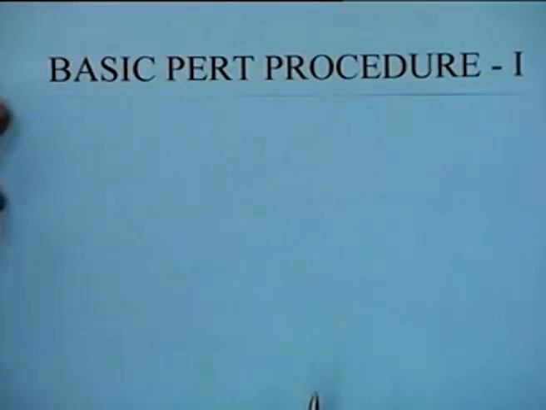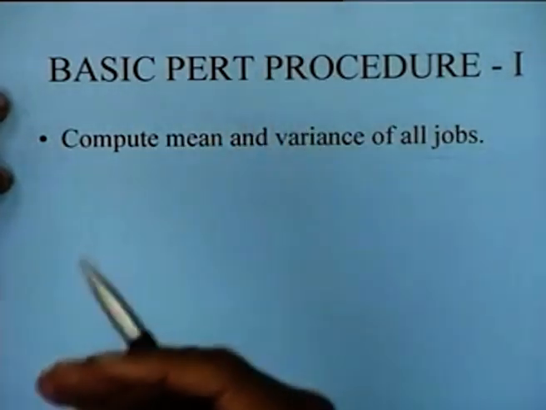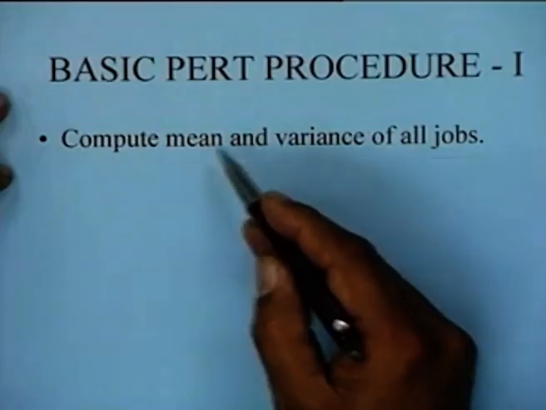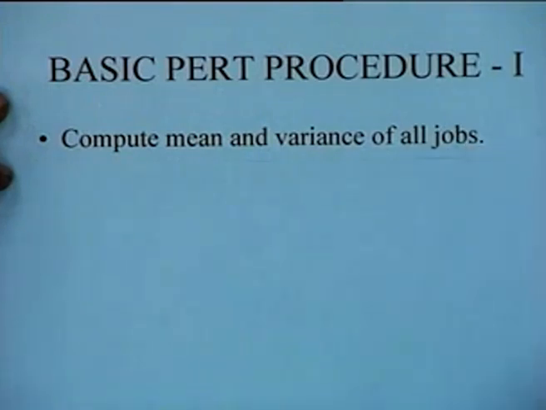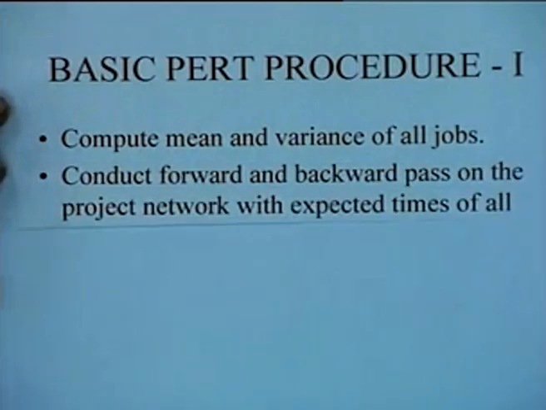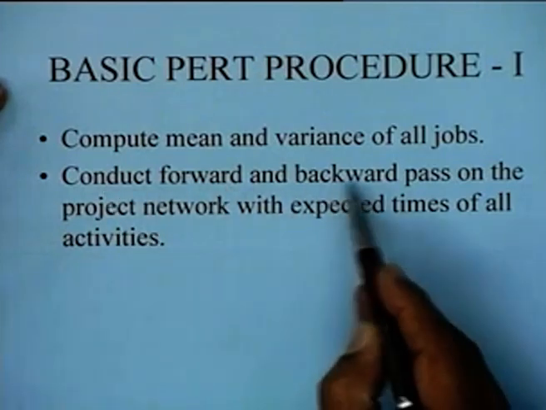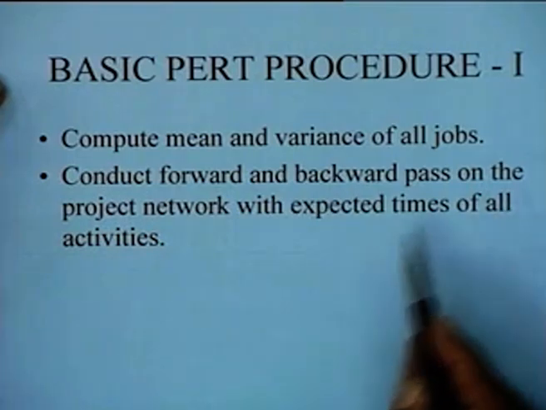Now, when you try to use PERT analysis, the first step is generally, after you have obtained information about the activities and their times and all that, to compute the mean and the variance of all the jobs. Thereafter, what we do is we conduct a forward and a backward pass on the project network with the expected times for all activities.